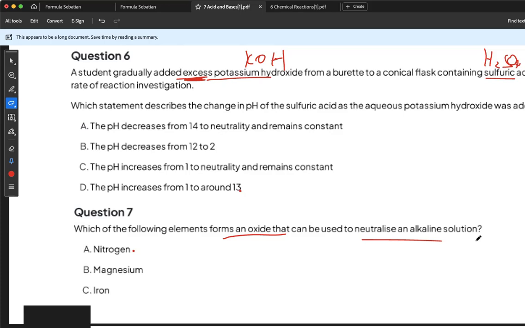Can helium form an oxide or not? Cannot. Why not? It's a noble gas, it can't form an oxide. So the only option is nitrogen oxide, which is acidic, and it will be used to neutralize the alkaline.